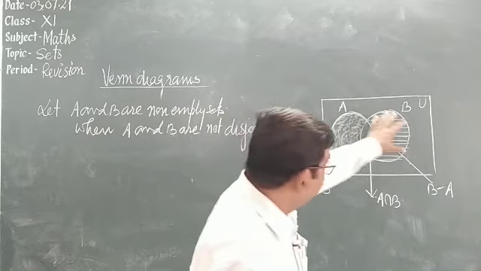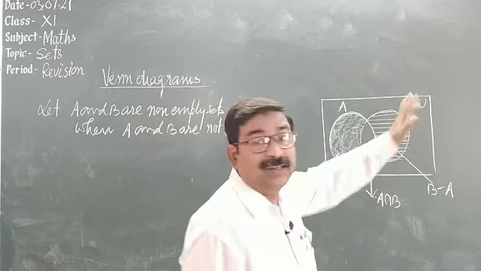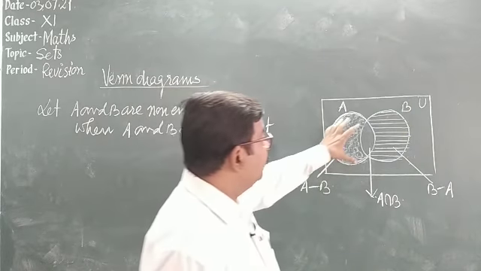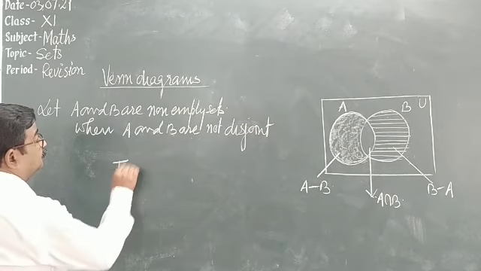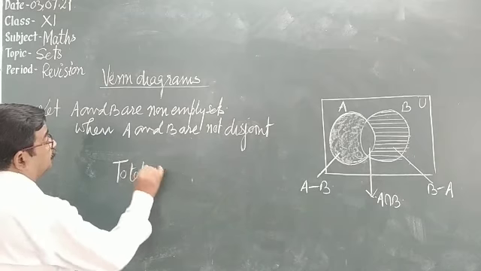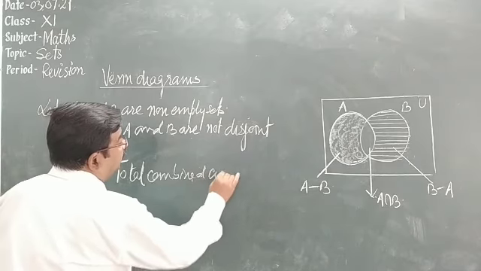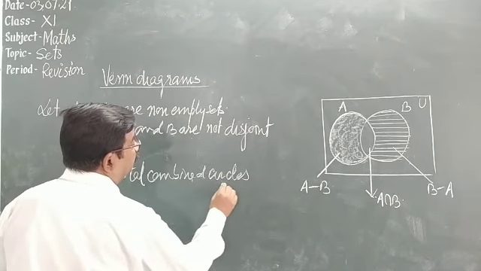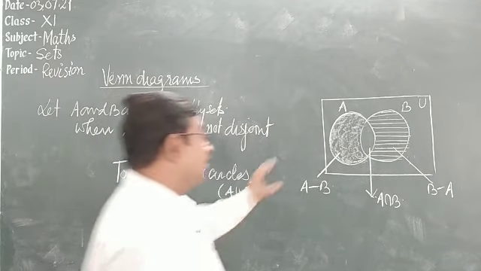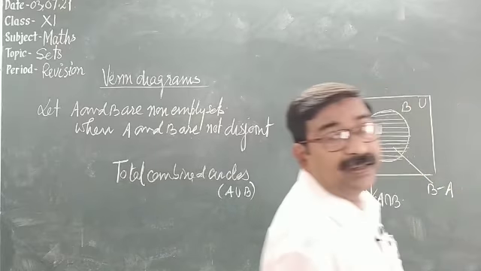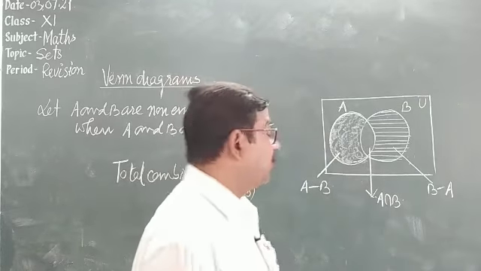The total combined circles is A union B, and the portion which is outside the circles is A union B complement.